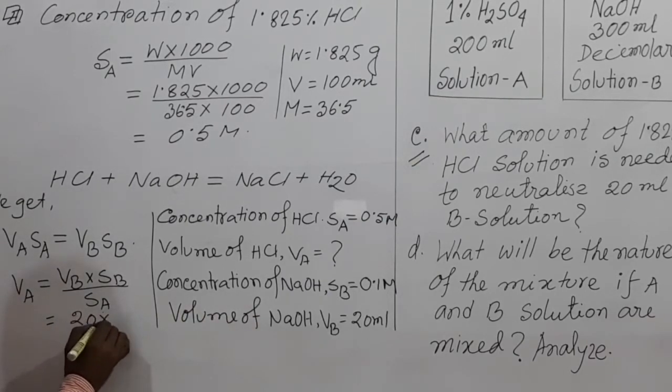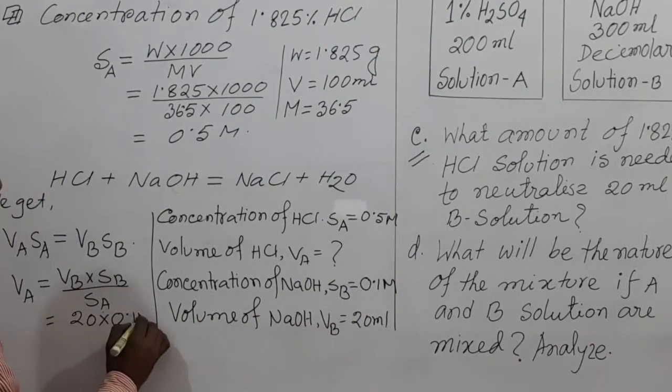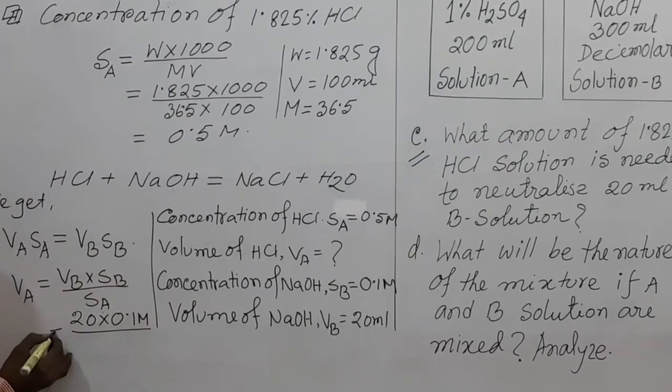SB is 0.1 molar, and the concentration of hydrochloric acid, that is SA, is 0.5. So we get the answer VA is 4 ml.